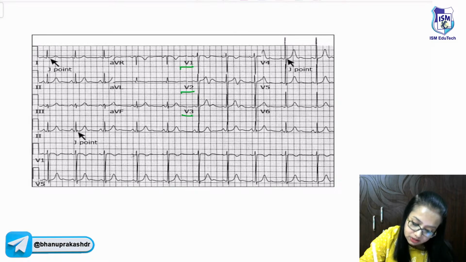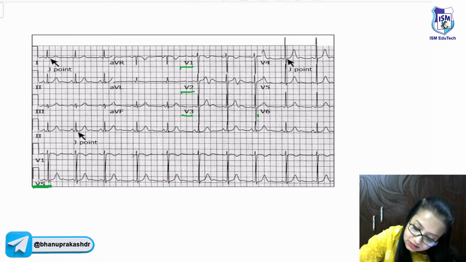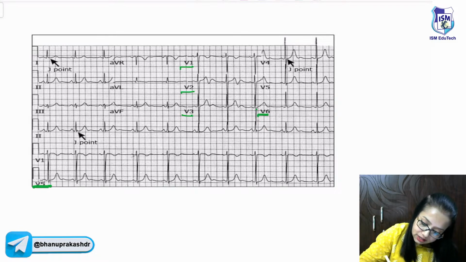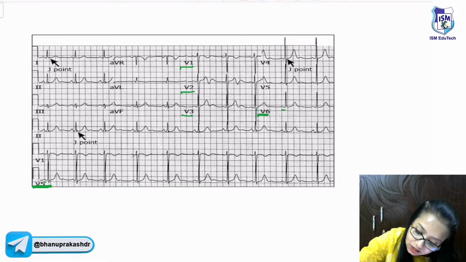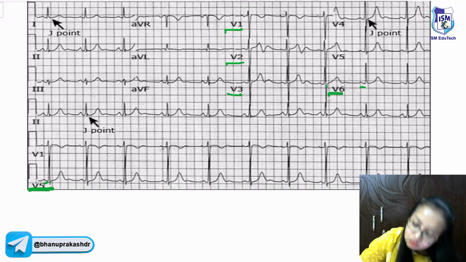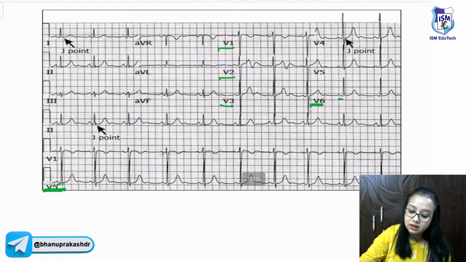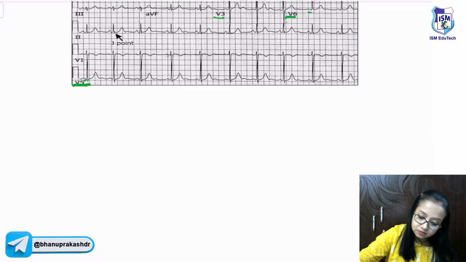Whereas in V5 and V6, we do find a very tiny septal Q wave just before the R wave. Only in pathological conditions does the Q wave become deeper and prominent.